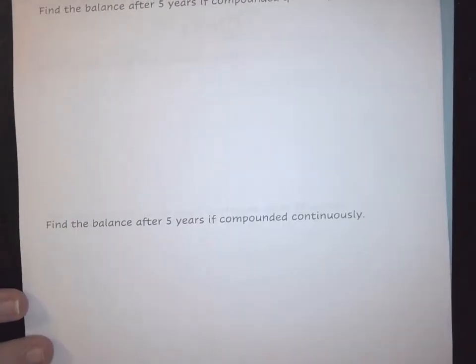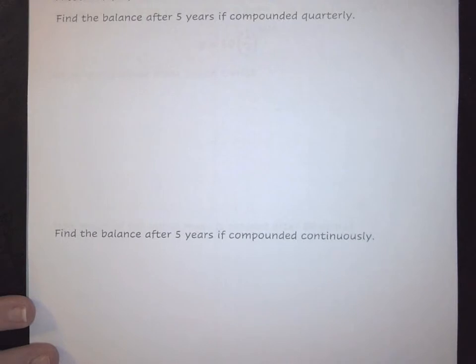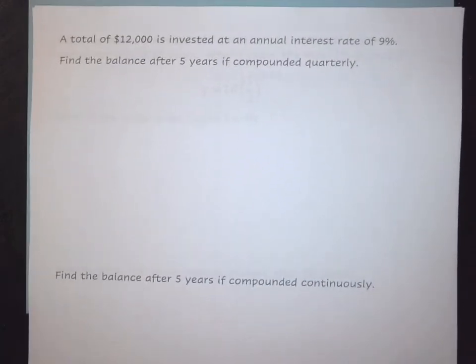Alright, let's take a look at another problem. So here this one says a total of $12,000 is invested at an annual rate of 9%. Find the balance after 5 years if compounded quarterly, and then if compounded continuously.